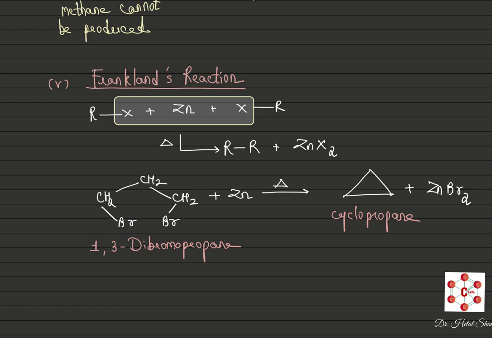So let us understand what this synthesis is all about. Corey-House synthesis is again a part which should not be done for the school exam, so don't worry. Frankland is also not a reaction that should be done for school exam.